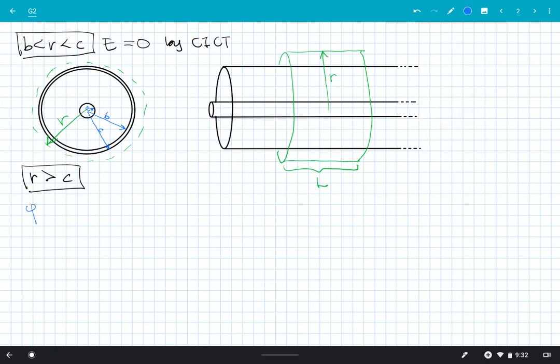So my flux here, what's that going to look like? In order to do that, we're going to consider dA again. And dA does the same thing: outward normal everywhere. So the question then is, what does my E field look like outside here?